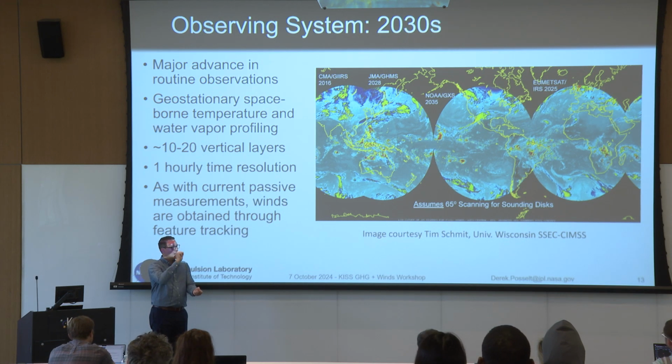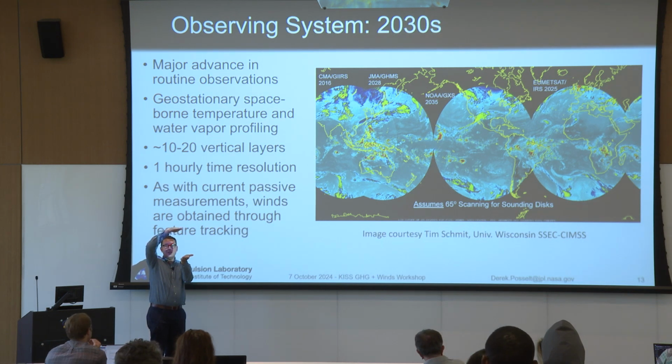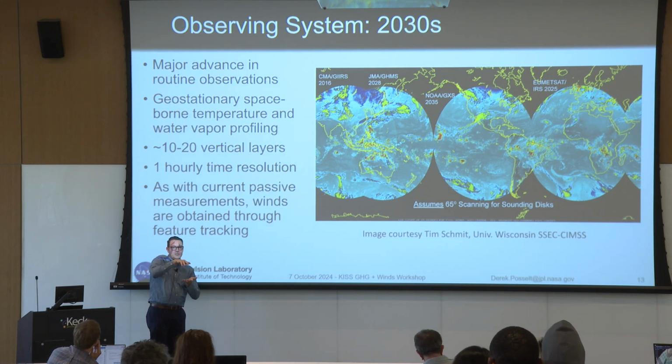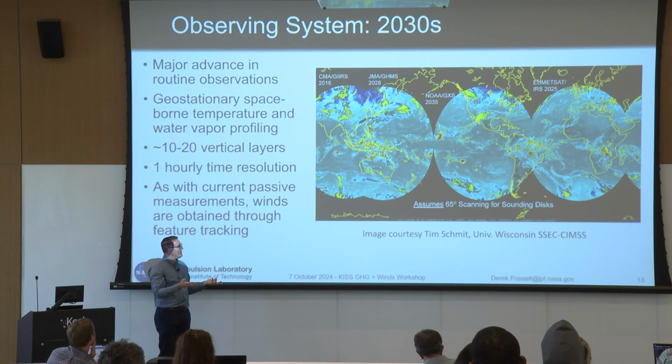And by deconstructing the fine details of that radiative spectrum, instead of broad layers where you're emitting radiation, you can reduce those down to much thinner layers. And so instead of broad estimates of water vapor and temperature, you'll get much finer estimates of water vapor and temperature.